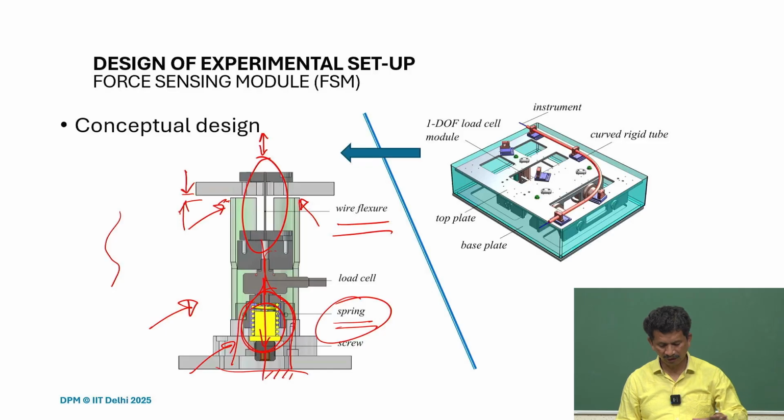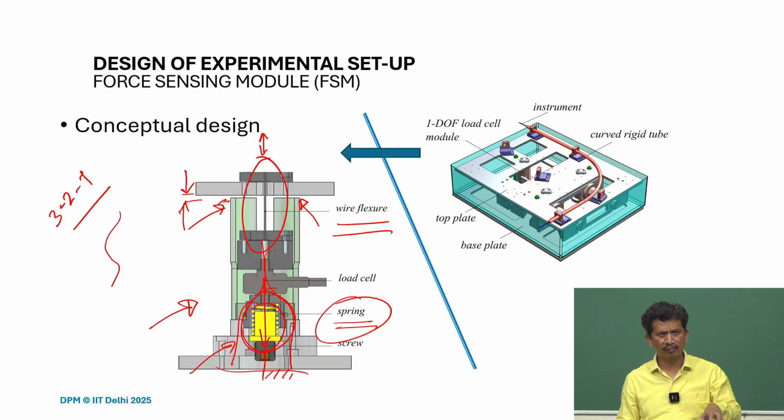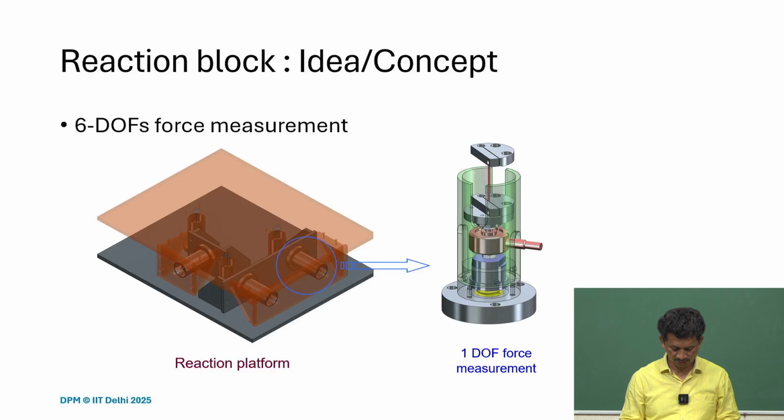So this is very nice, and again, how to get that 3 plus 2 plus 1 configuration with this. So this is one module. This is what we call one-dot force measurement, and this is the rendered view.